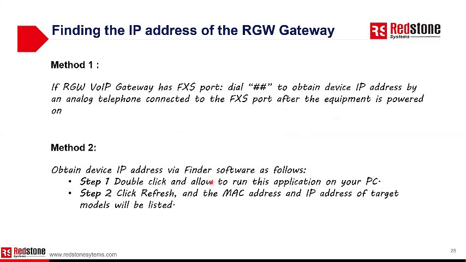Run the software on your PC, double click and allow it to run this application, and click refresh, and the MAC address and IP address of the specific model will be displayed. That way you can find the correct IP address of your RGW gateway.